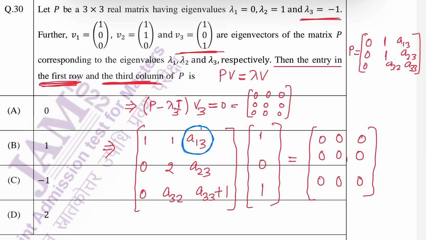Now if you multiply the first row with this column vector v3, then we have 1 plus a13 equals 0, and from here we have a13 equals -1. So our correct answer is -1. You see -1 in option C. So option C is our correct option. Now this question is over.